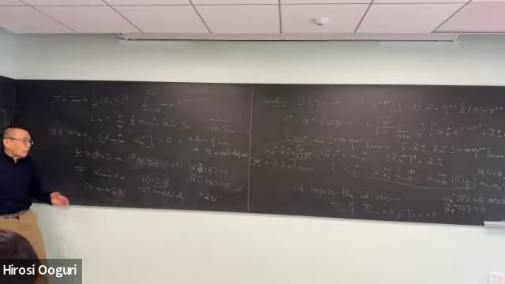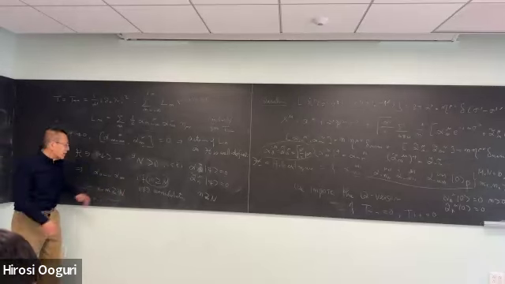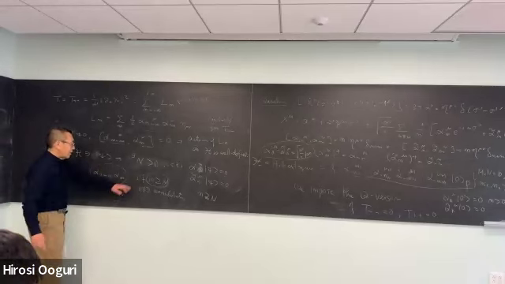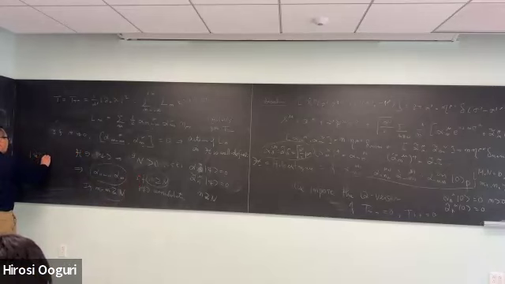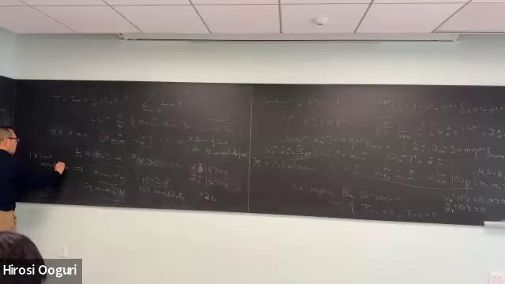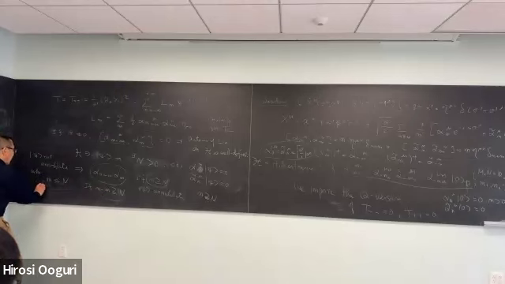So the only situation when this does not annihilate the state, so psi is not annihilated, is when m is less than capital N, but is greater than n minus capital N. Okay, so capital N is fixed for psi.